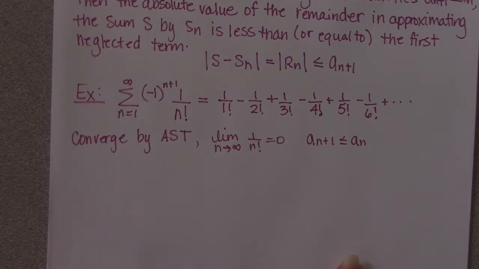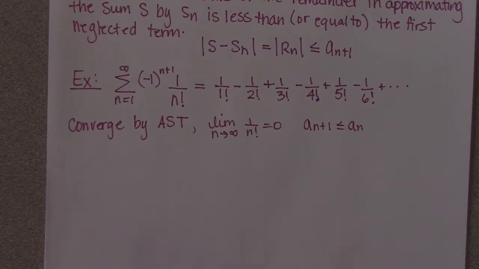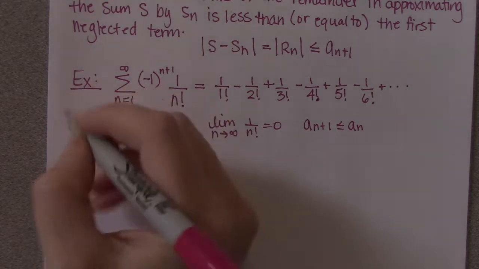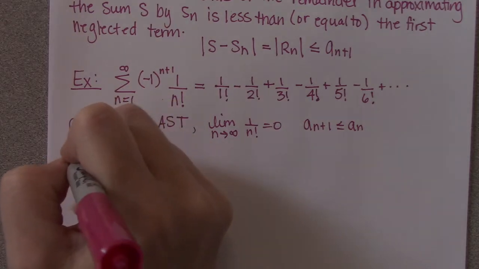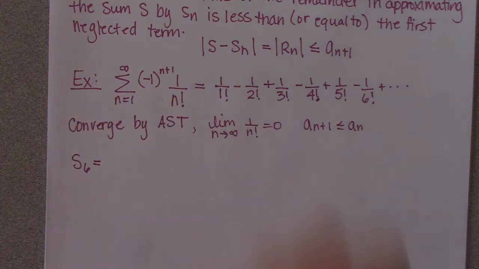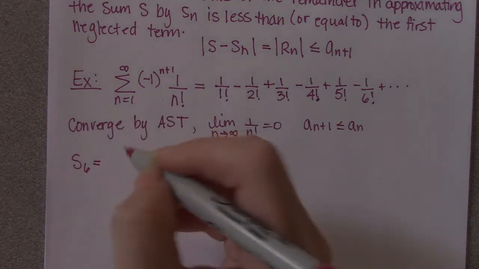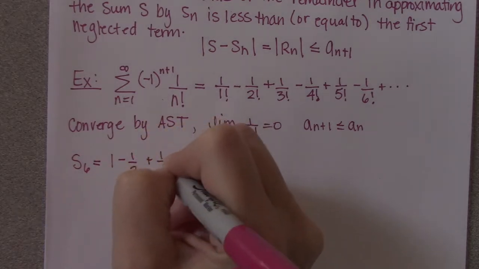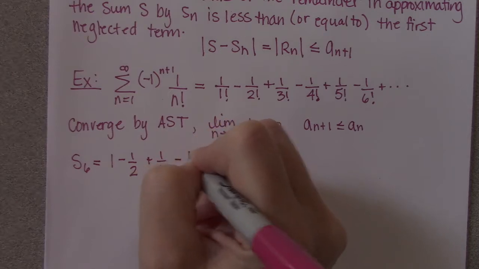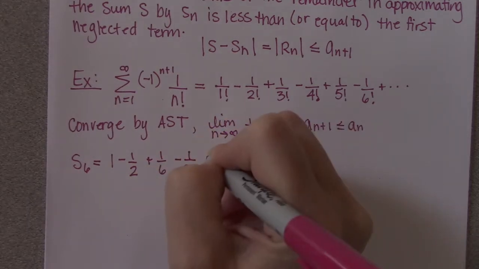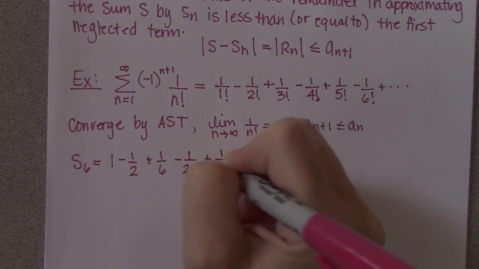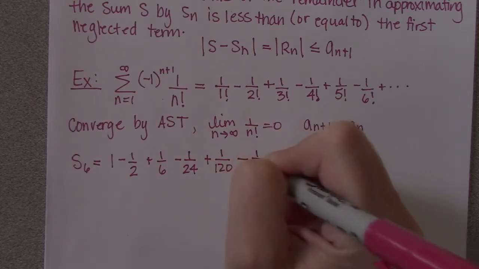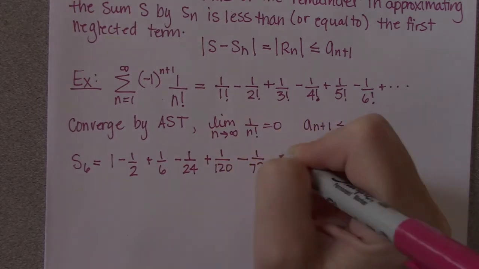So if we want to estimate the sum of this series, we can pick any n we want. So I just picked 6 because I wanted to sum it out for a bit. So the sum of the first 6 terms is 1 minus a half plus a sixth minus 1 over 24 plus 1 over 120 minus 1 over 720.